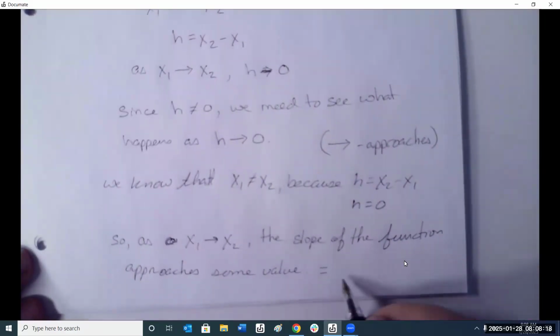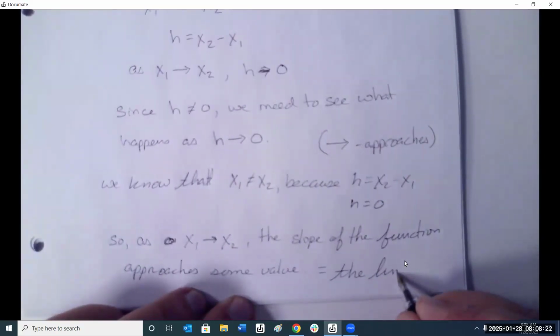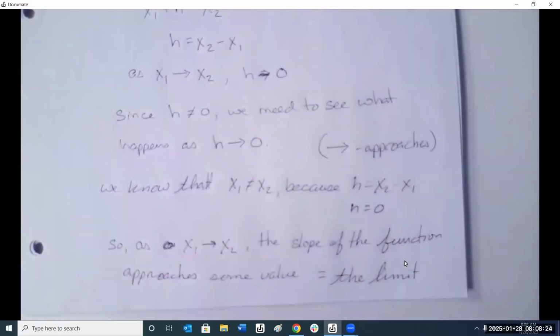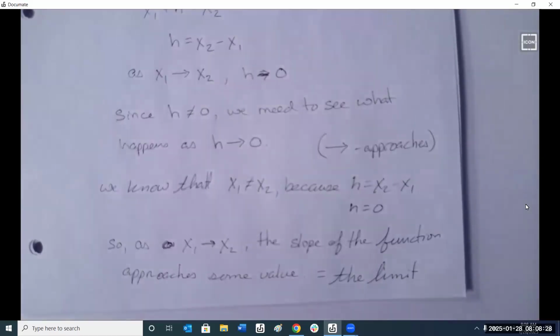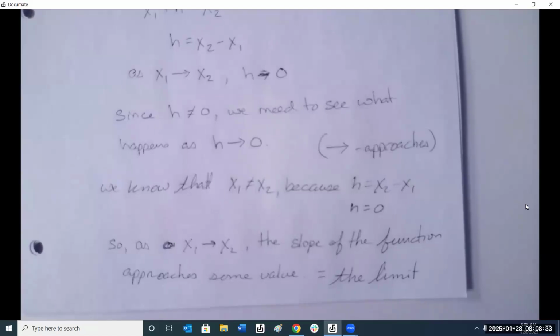And we call that value the limit. That's what this whole section is about.